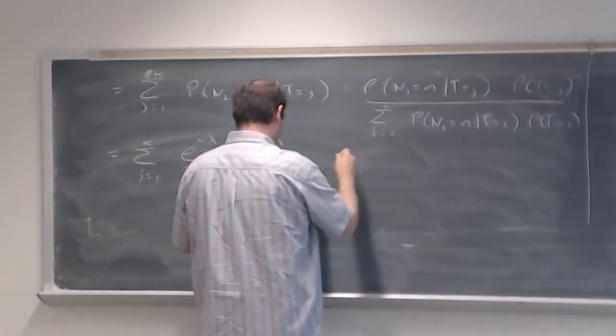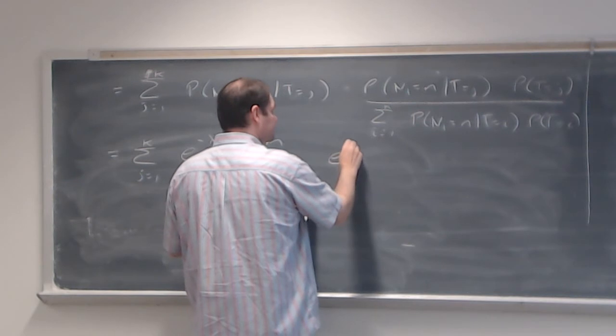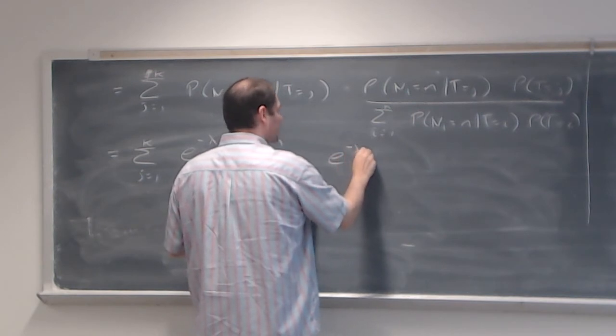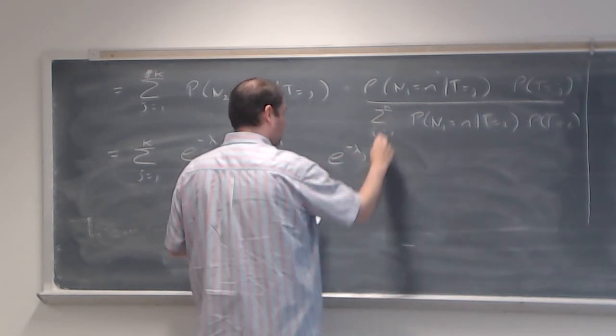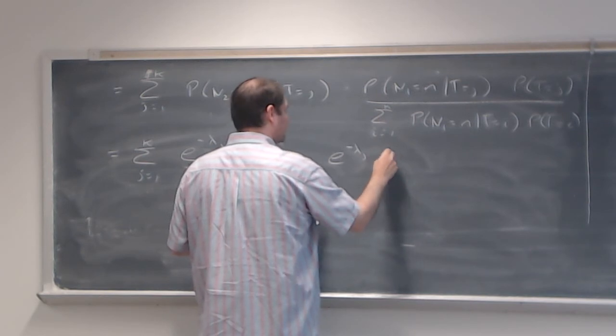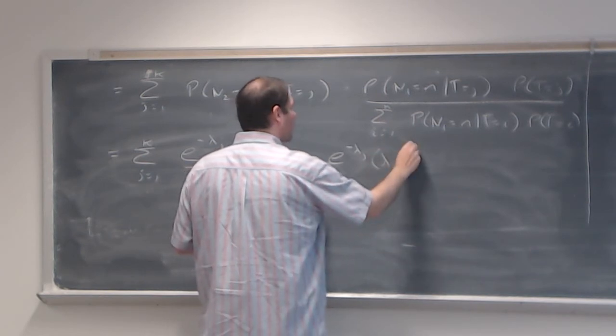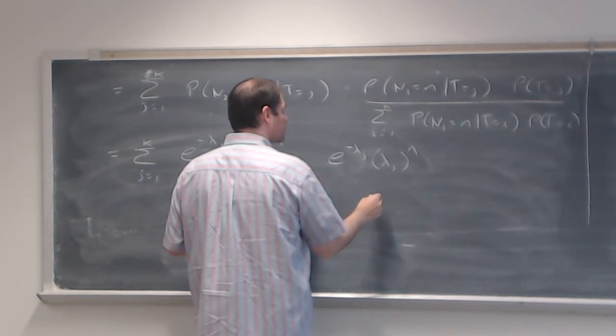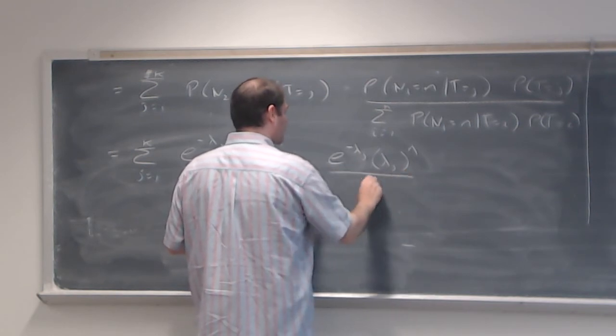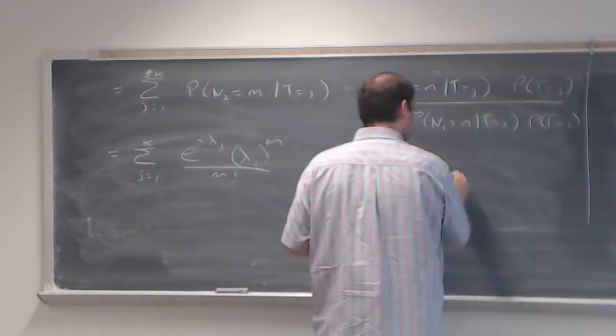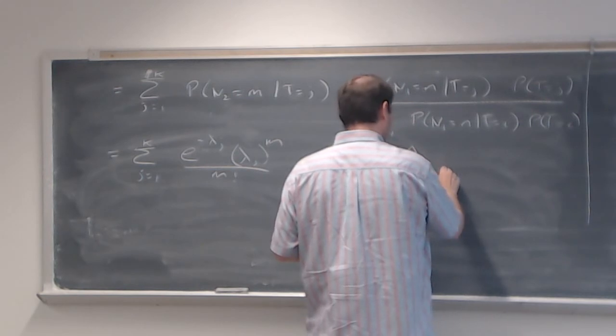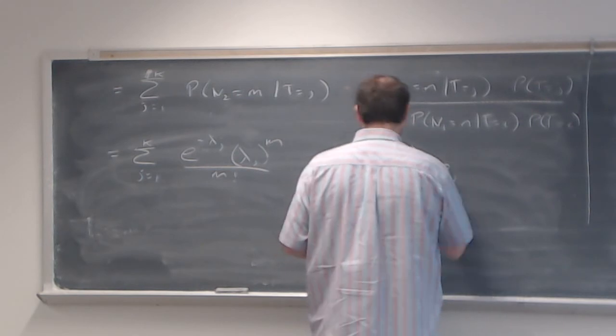This part right here we've already worked with. This is e to the minus lambda sub j for n sub 1, lambda sub j to the n, all over n factorial. And this is times p sub j.